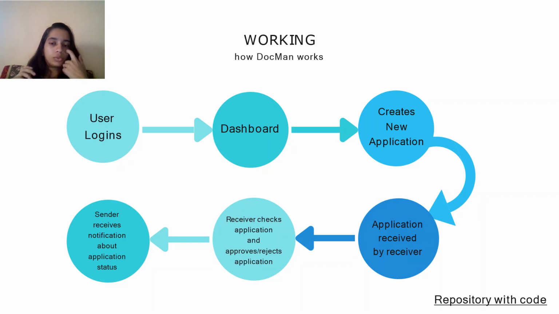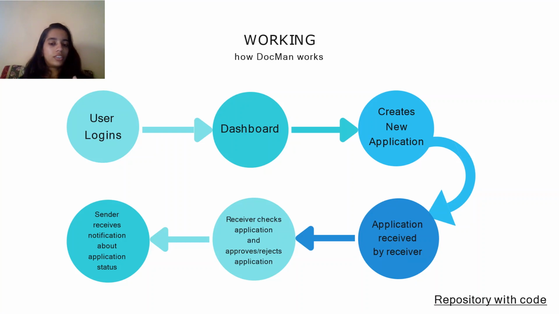Let's say the user selects to create a new application. They have different options, like types of application, such as a leave application or any other type. The user creates the new application and sends it to the intended authority.